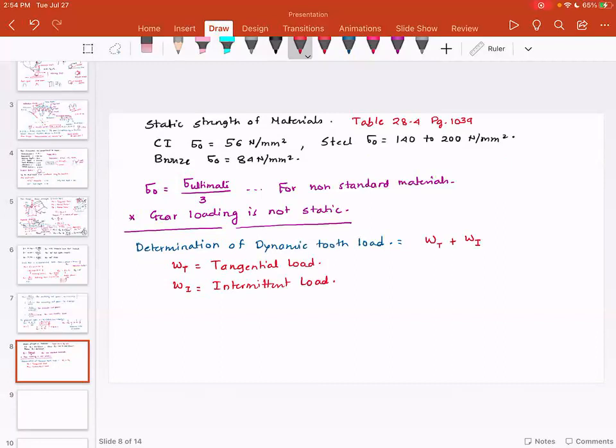Now, intermittent load actually depends upon a lot of factors, such as the pitch line velocity, face width, gear material, and how accurately the gear is cut.